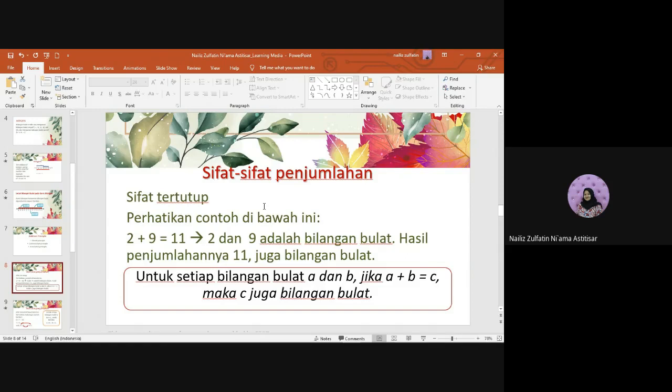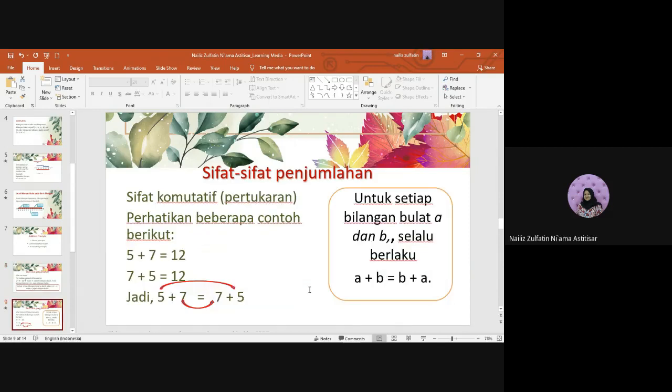Dari contoh 2 plus 9 sama dengan 11, 2 dan 9 adalah bilangan bulat. Hasil penjumlahannya adalah 11, dan 11 ini juga termasuk bilangan bulat. Jadi, untuk setiap bilangan bulat A plus B, jika A plus B sama dengan C, maka C juga bilangan bulat.